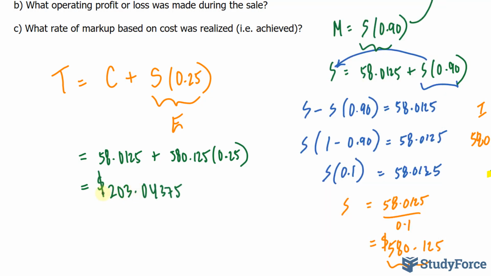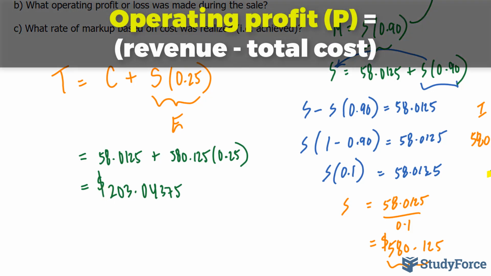So to find out if there was an operating profit or loss, we will take the sale price, and that was $99.99, and take away from that the total, which is what we just found.